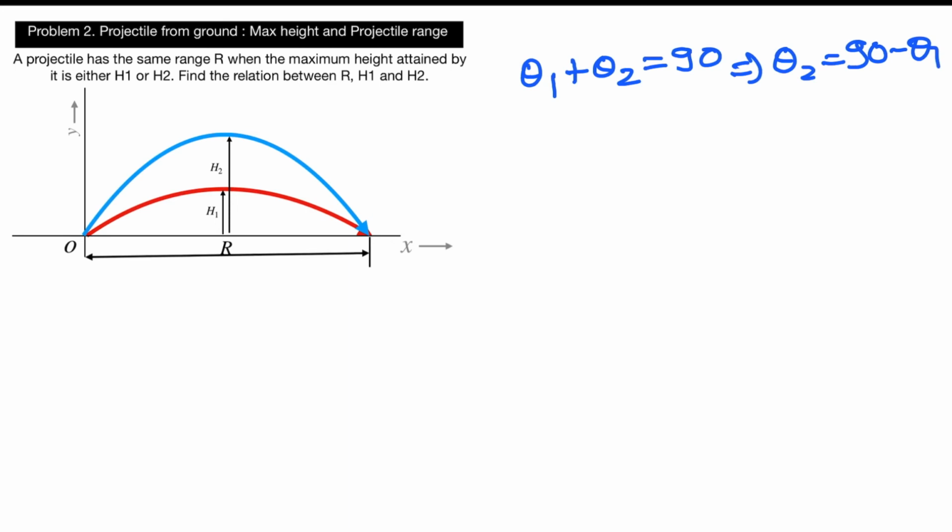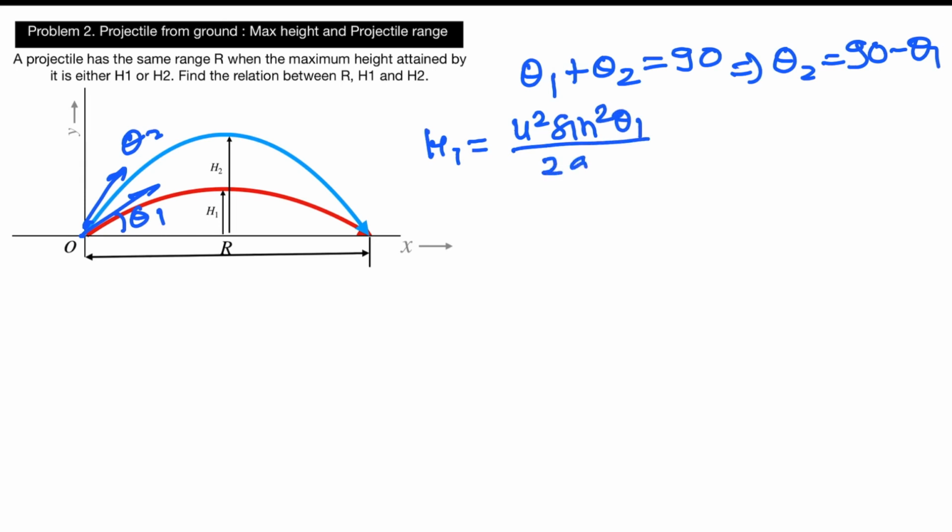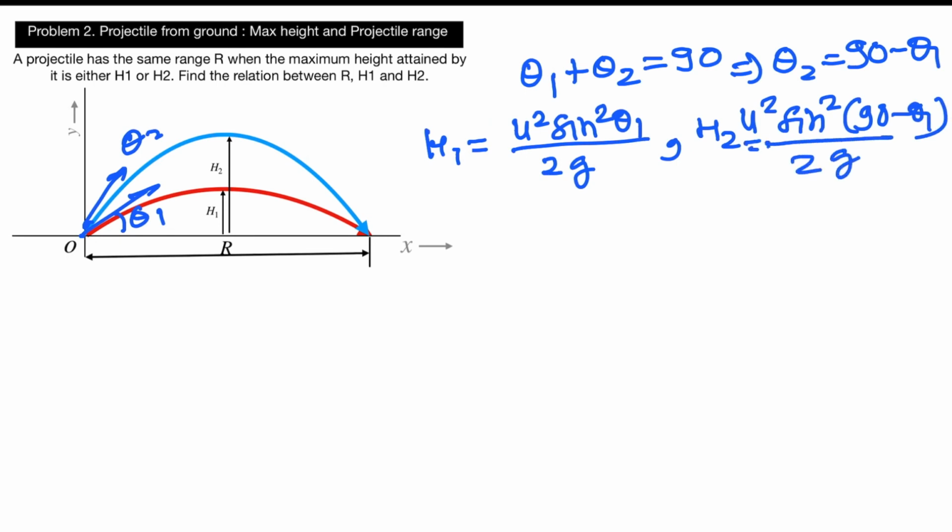So if the object is projected at angle theta 1 and here angle theta 2, then we can write down h1 will be equal to u square sine square theta 1 divided by 2g, and h2 can be written as u square sine square of 90 minus theta 1 divided by 2g, right?